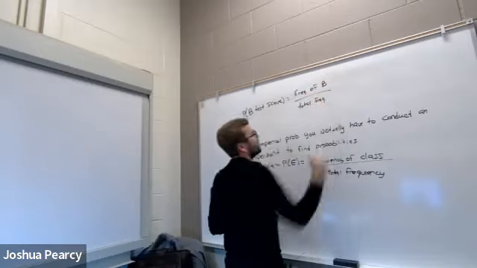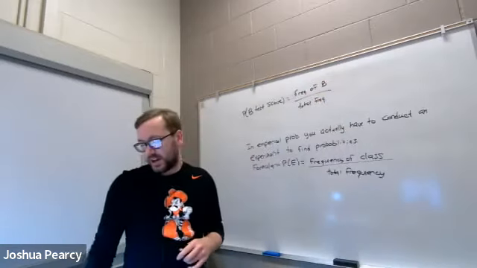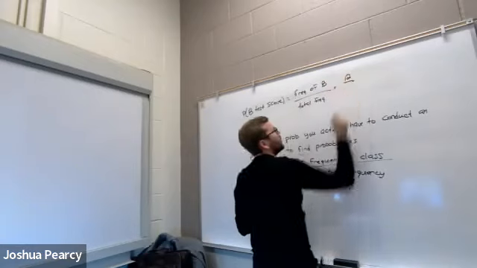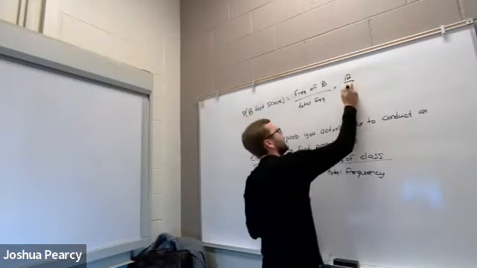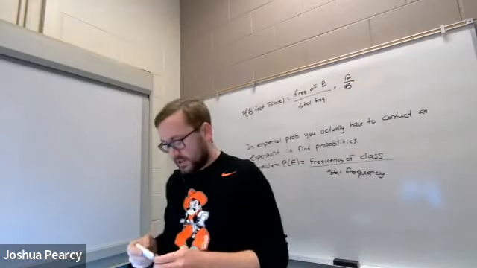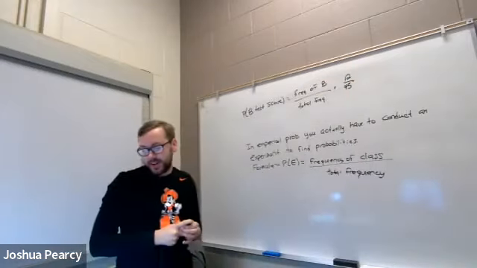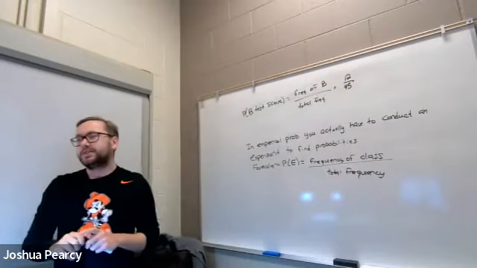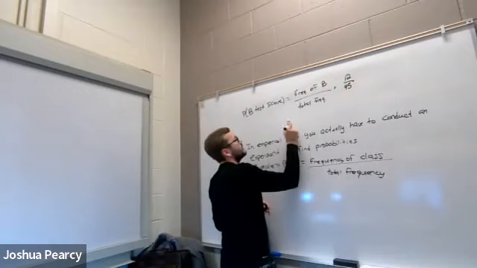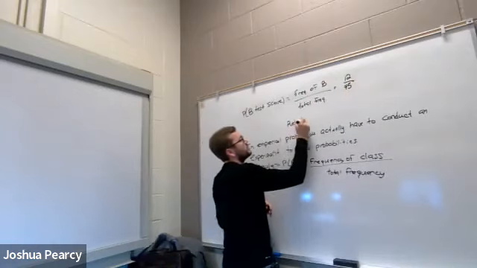And we already said the frequency of B was 12 and the total was 45. So it says at the very bottom of the page, where have we seen this before? And again, I just said it already. Relative frequency in chapter 2.